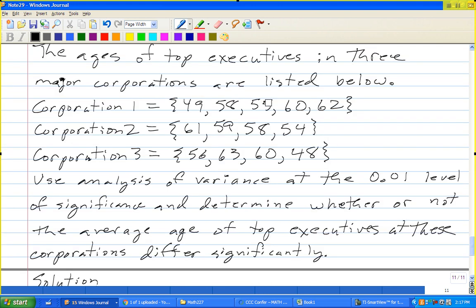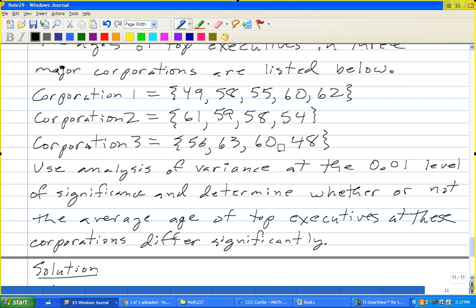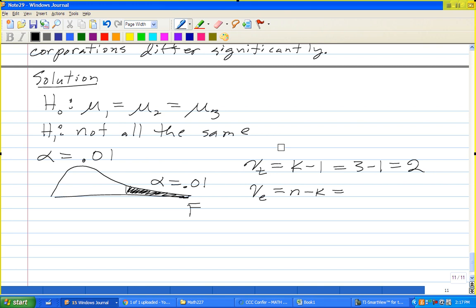There are 2, 4, 6, 8, 10, 12, 13 ages there, and there are 3 categories. So it's 10. You can look in your table. I forgot to bring it up on this computer, but look it up, and you get 7.56.